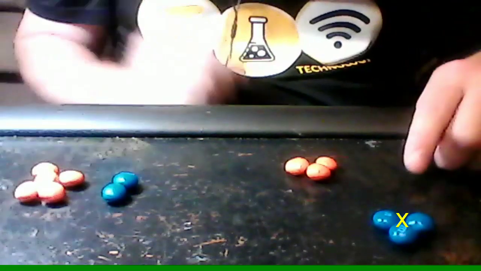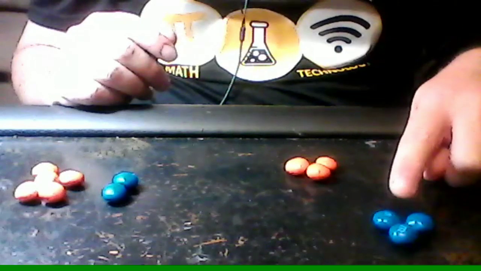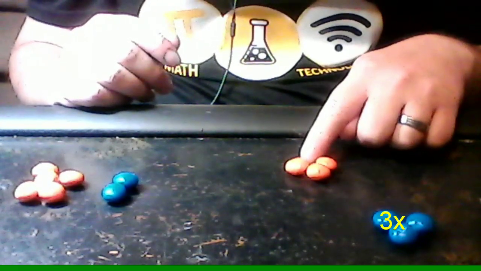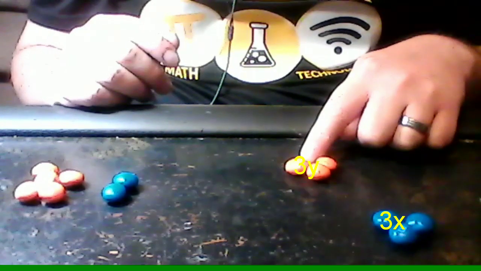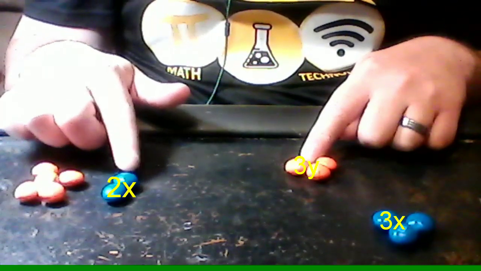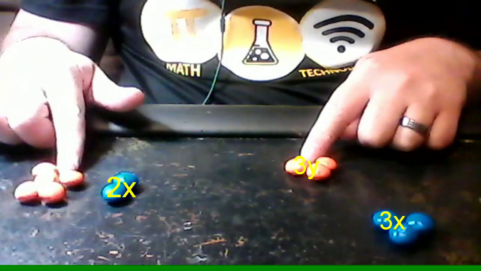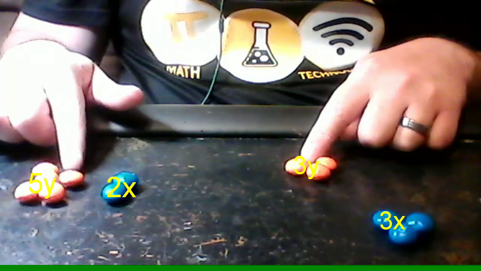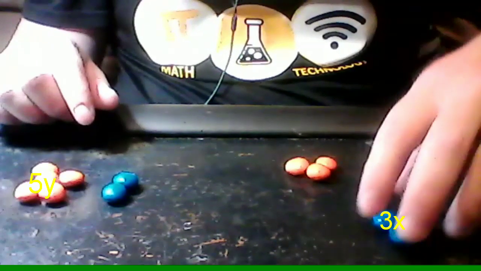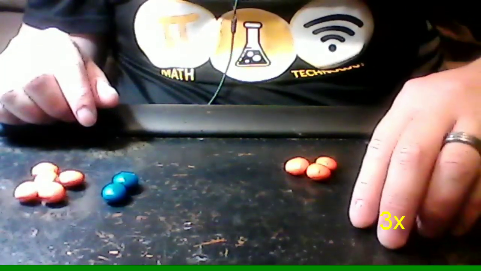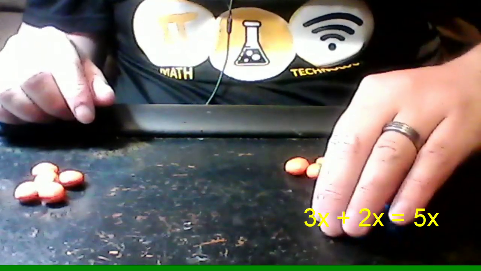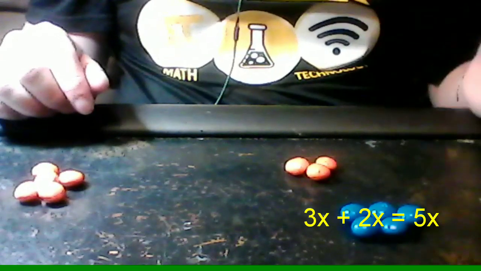Over here, I have 3 blue M&Ms, so I have 3X. And I've got 3 orange M&Ms, so that would be 3Y. Over here, I have 2 more blues, so 2X. And over here, I have 5 more oranges, so 5Y. If I combine the like terms, if I take my 3X and add to it 2X, then I have 5X.